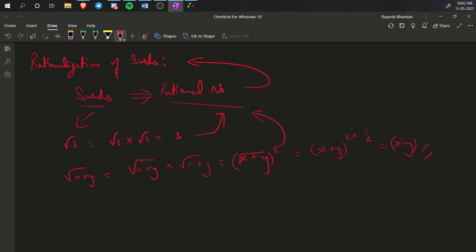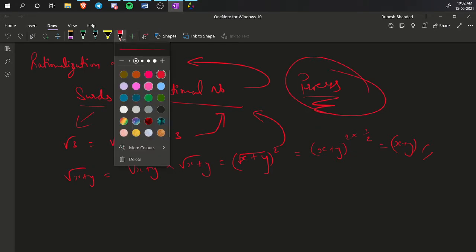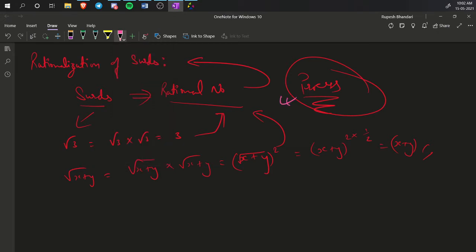So this is how we get rationalization. Always remember, this whole process is known as rationalization of surds. Okay, so let's have a look at conjugate of surds as well.